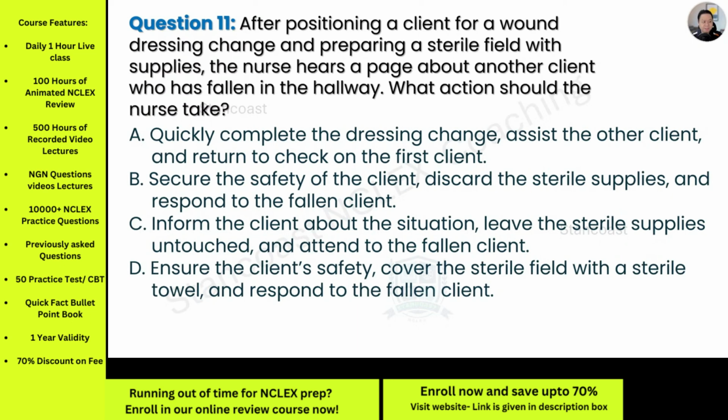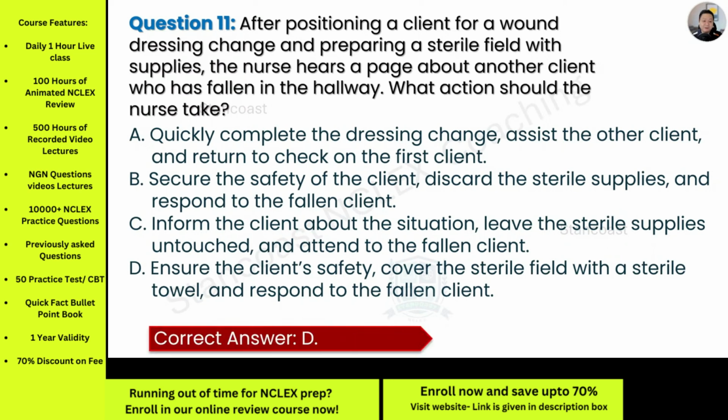B, secure the safety of the client, discard the sterile supplies, and respond to the fallen client. C, inform the client about the situation, leave the sterile supplies untouched, and attend to the fallen client. D, ensure the client's safety, cover the sterile field with a sterile towel, and respond to the fallen client. Your answer here should be letter D.